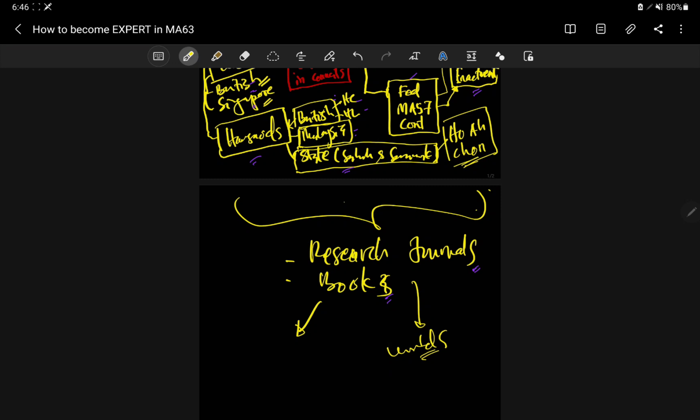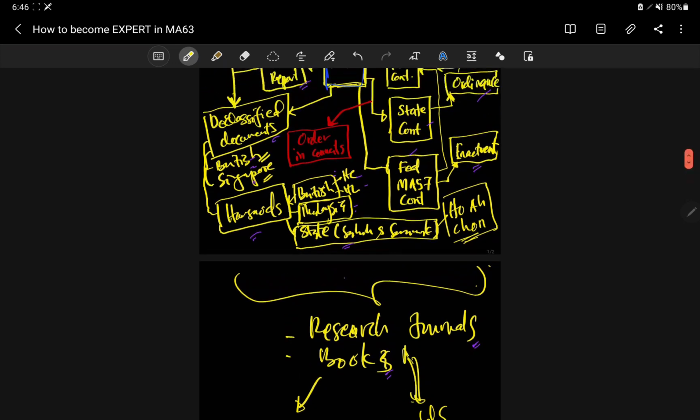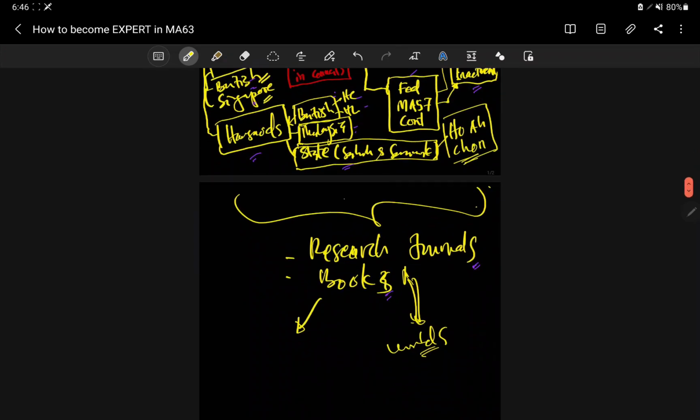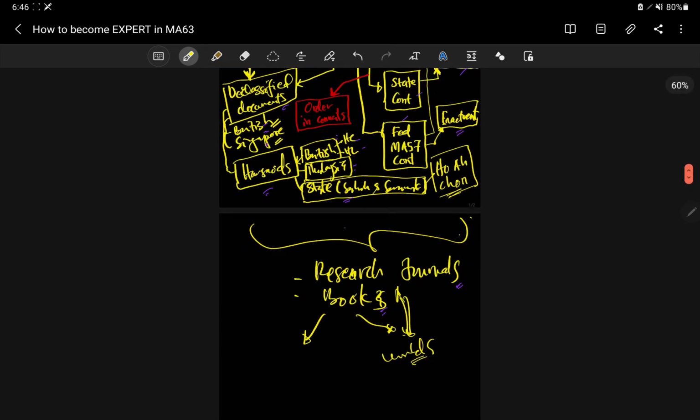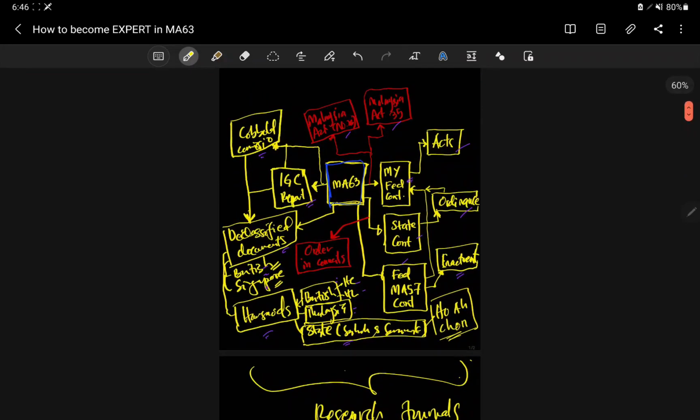They make a lot of research on all aspects of Malaysia Agreement 1963 or the Federal Constitution. You can read these, and there are books also from historians, politicians, and so on. So this is how you can become an expert in Malaysia Agreement 1963.